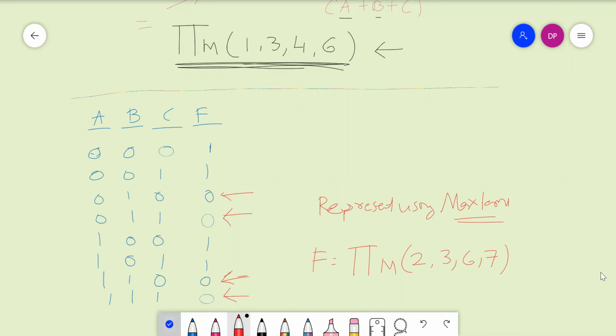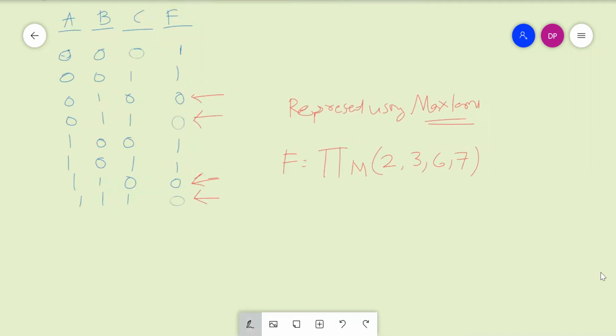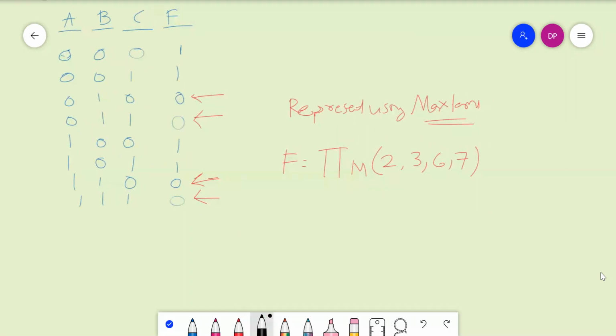So write an expression for F. F can be written as what? 2 means what?